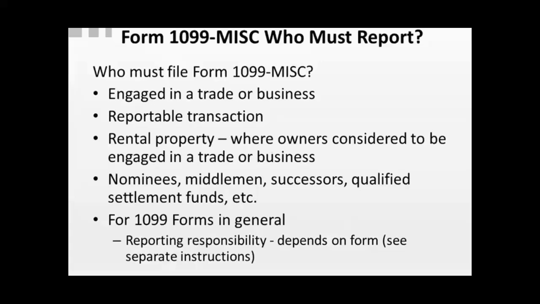There was a provision in the Affordable Care Act that required rental property operators, whether they were engaged in trade or business or not, to file 1099s, and that was repealed. So that is not true unless the owner is considered to be a real estate professional engaged in the trade or business of renting property. Also, nominees, middlemen, successors, qualified settlement funds, and so on.